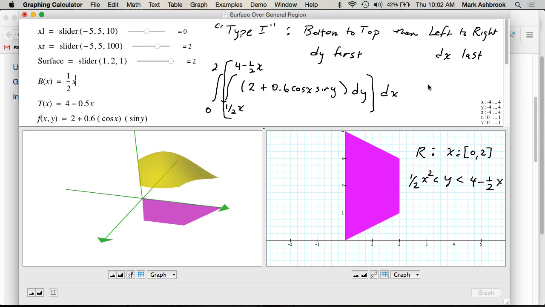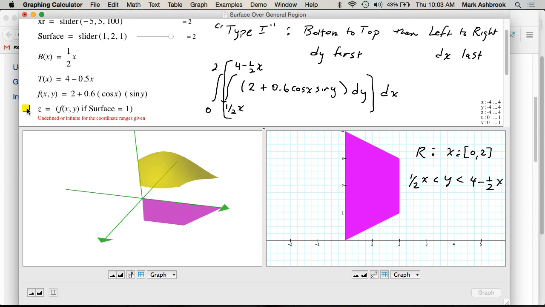We can actually get the integral. Okay, so antiderivative with respect to y. I need some room to work here, so let's turn this one off.